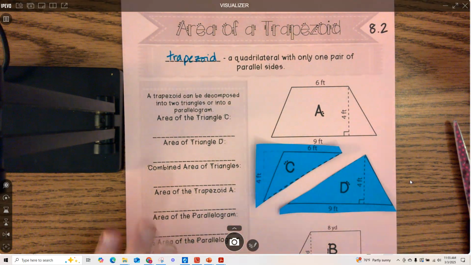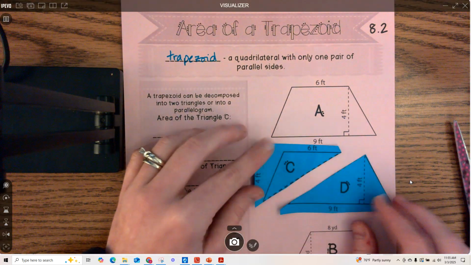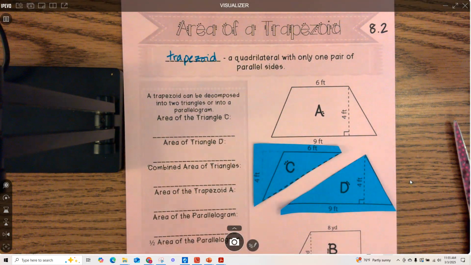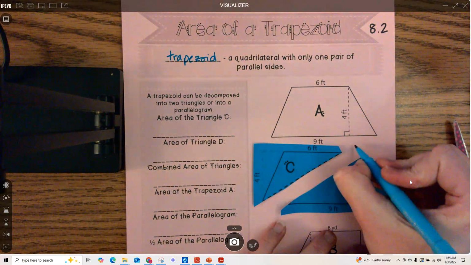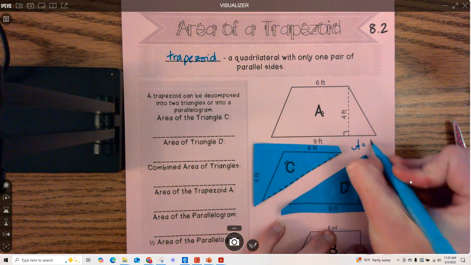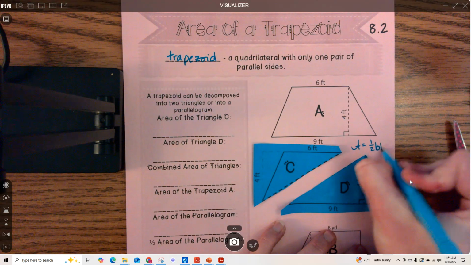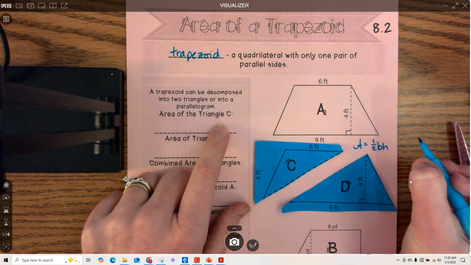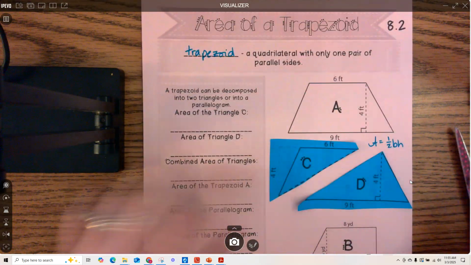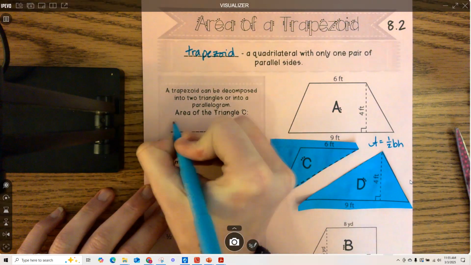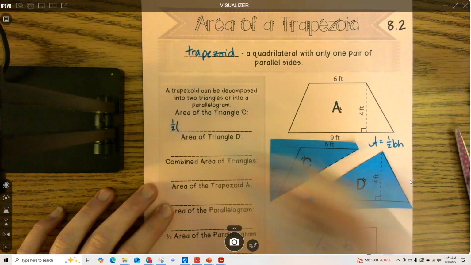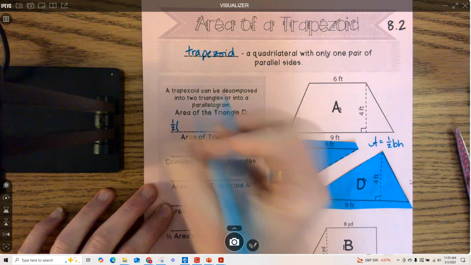All right, so if we break a trapezoid into two triangles, we can find the area of each triangle. Do y'all remember the area formula for a triangle? 1/2 BH. So first thing we're going to do is find the area of triangle C. So that's going to be 1/2. The base is 6.